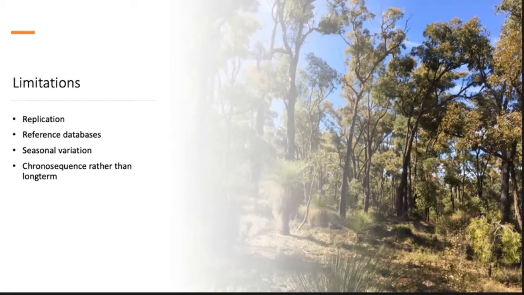She also did a plant assay, but didn't find the same sorts of patterns that I did. So for there, it could be seasonal variation causing differences in the results that you get. The other thing is that we used chronosequences rather than long-term studies. So if you wanted to look at how communities change over time, it might be better to also look at some long-term studies to see how relevant they are, and not base it just on sites.